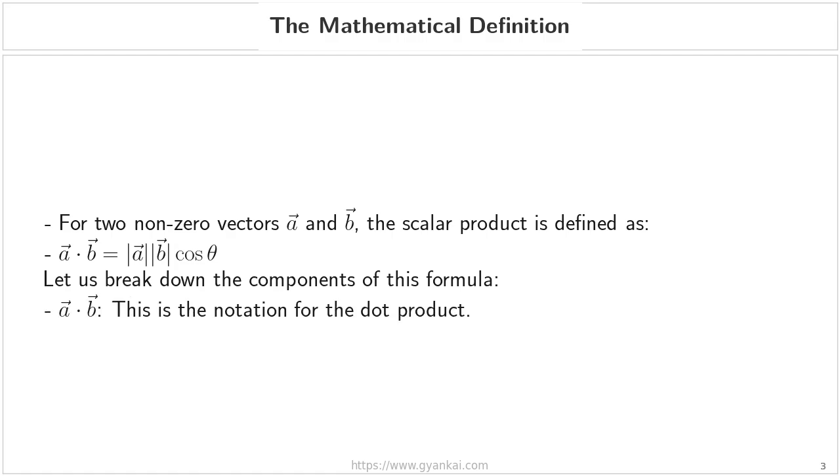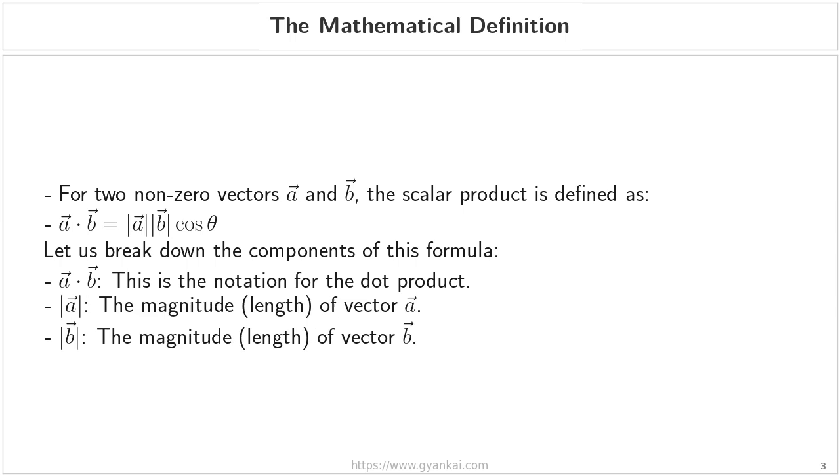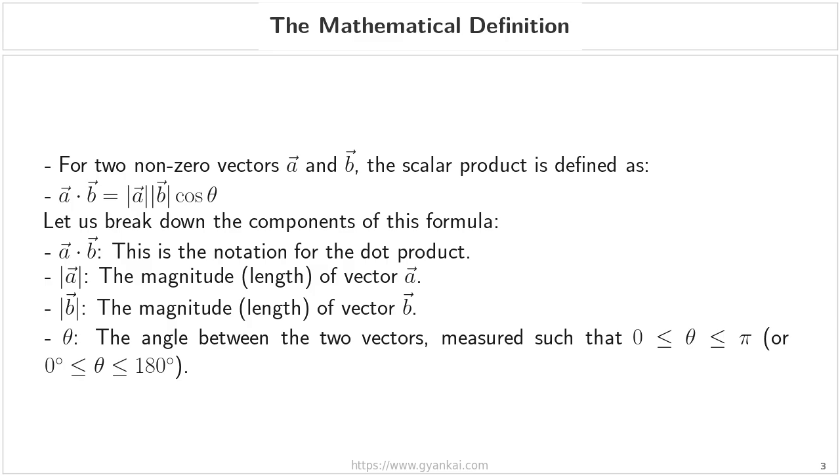To make sure we are all on the same page, let's break down each component of this formula. First, when you see vector A dot vector B, that dot symbol is the standard notation we use to represent the dot product itself. Next, we have the vertical bars around vector A, which represents the magnitude, or simply the length, of vector A. Similarly, the vertical bars around vector B represent the magnitude of vector B. Finally, we have the symbol theta.